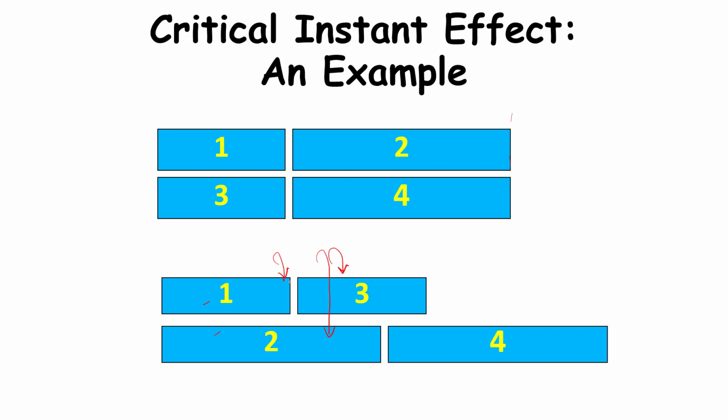So at this point, 1 will finish, the processor will become idle, it will execute 3, it will not wait for 4. And when 4 comes, it will not execute at the beginning, but when 2 finishes, it will execute. So the total execution time in this case will be much more than the total execution time when all the tasks came at the beginning.